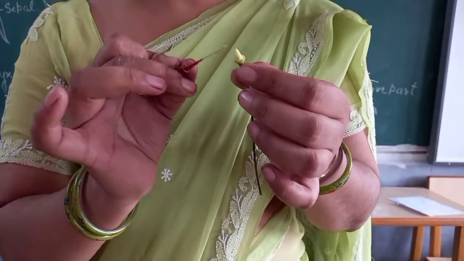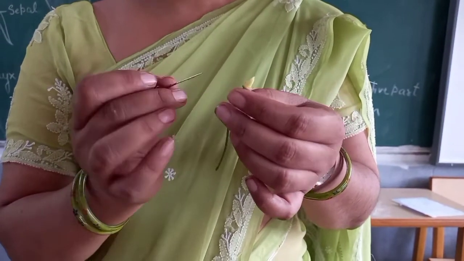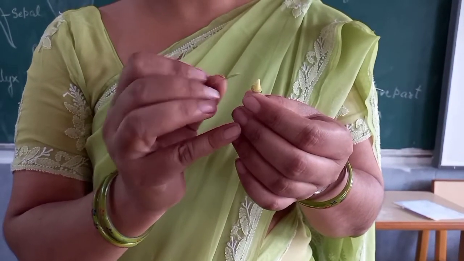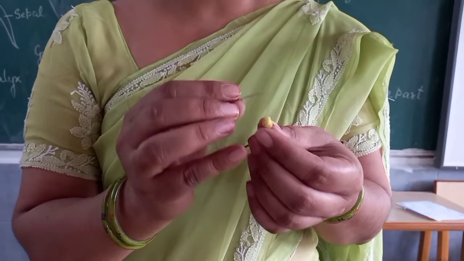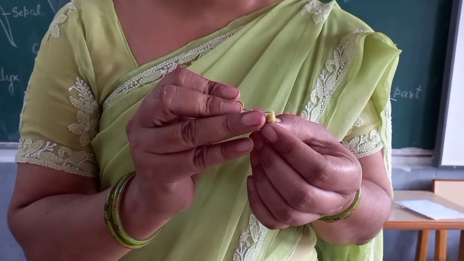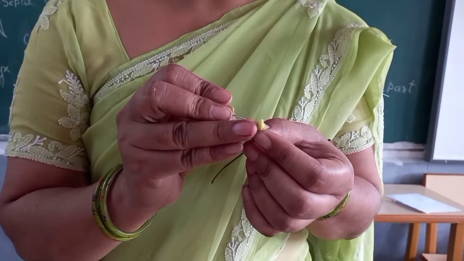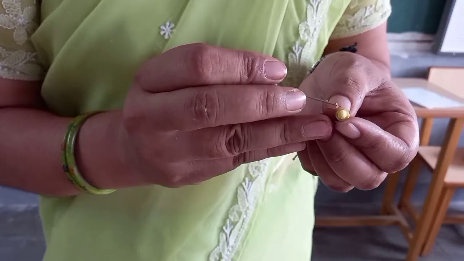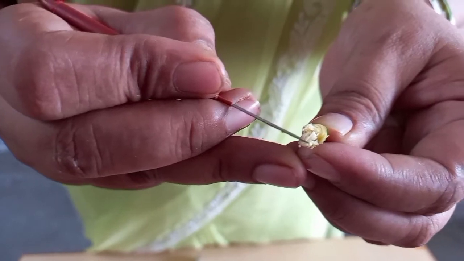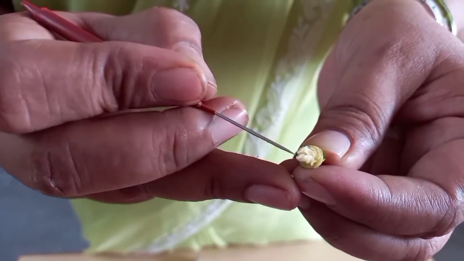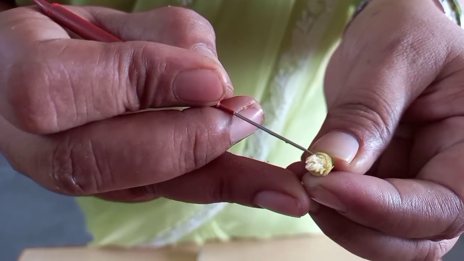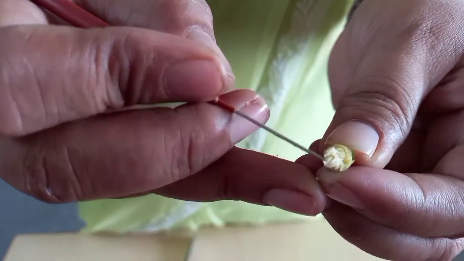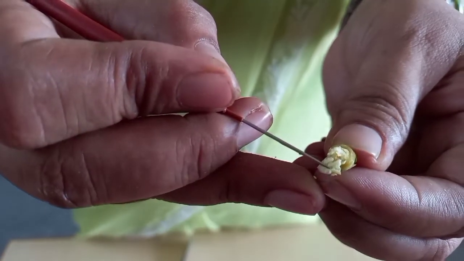Now inside this ovary, ovules are present, and for that we have to dissect the ovary. So with the help of the needle, we'll slowly and very carefully dissect the ovary. Now children, see, there's a white grain or bead-like structure.